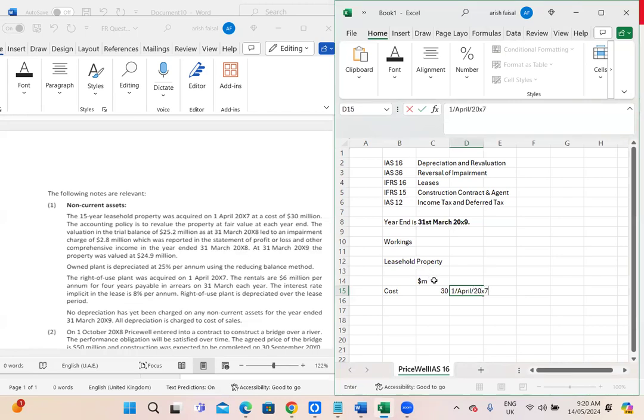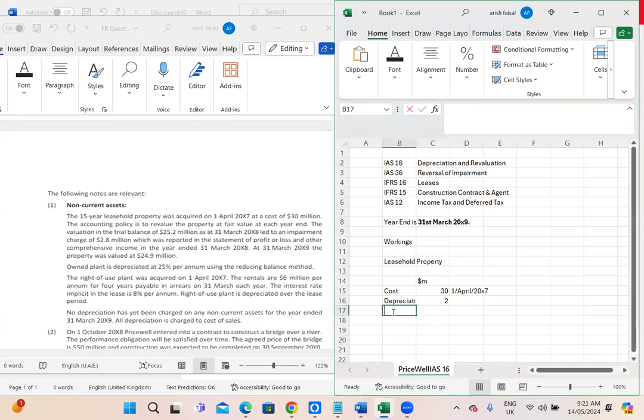Right? So as the life is 15 years, in the first year of this asset you would have charged a depreciation of 2 million. So that's 2 million depreciation that you would have charged in the first year.